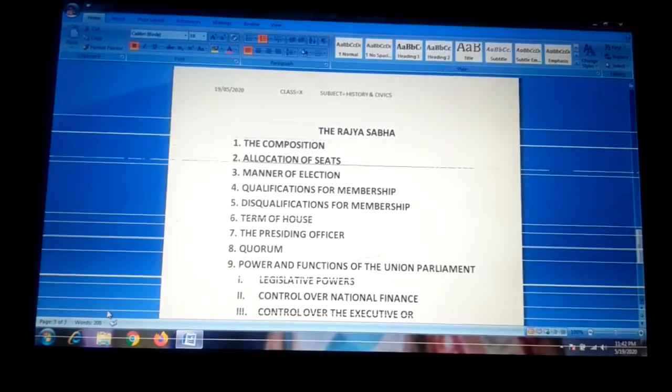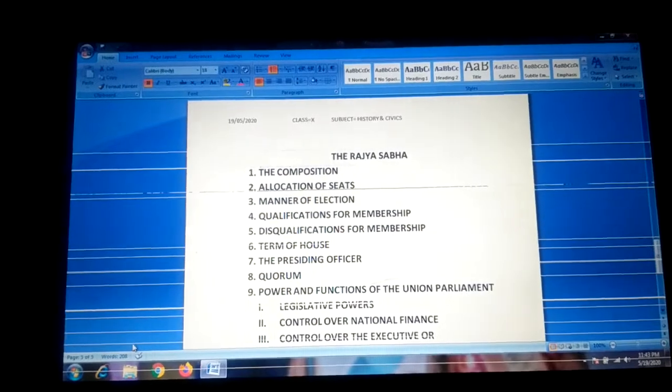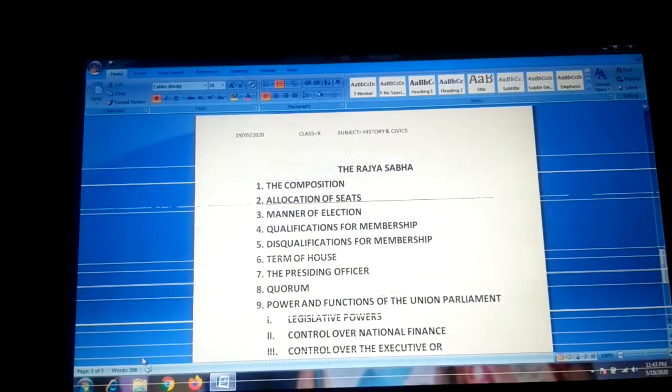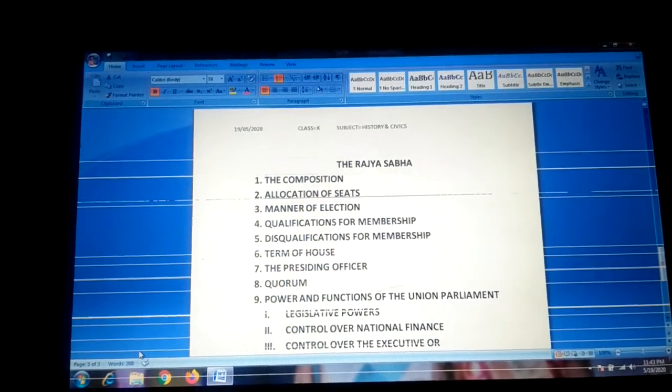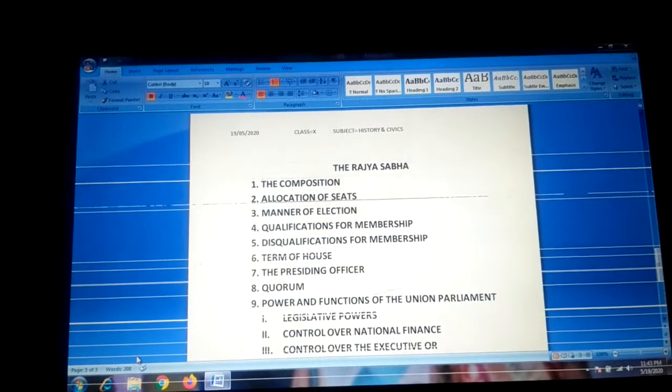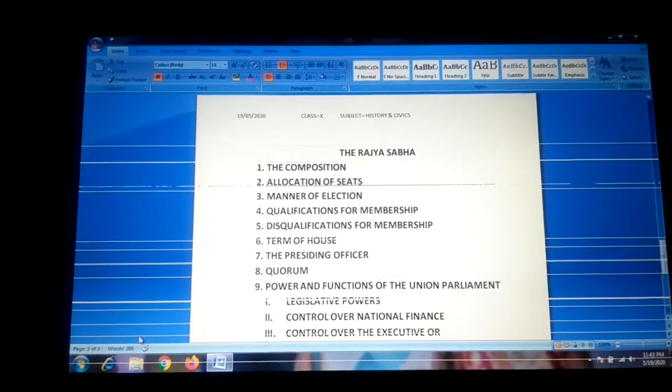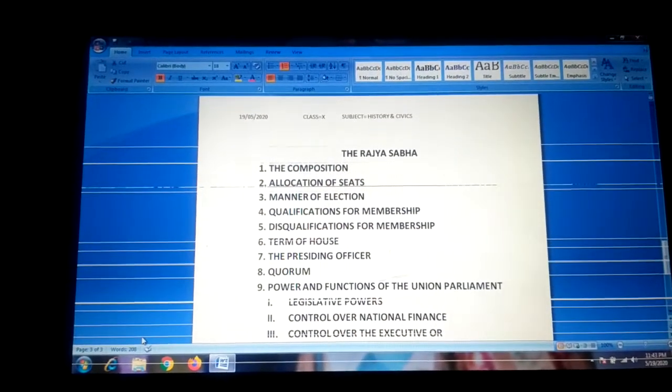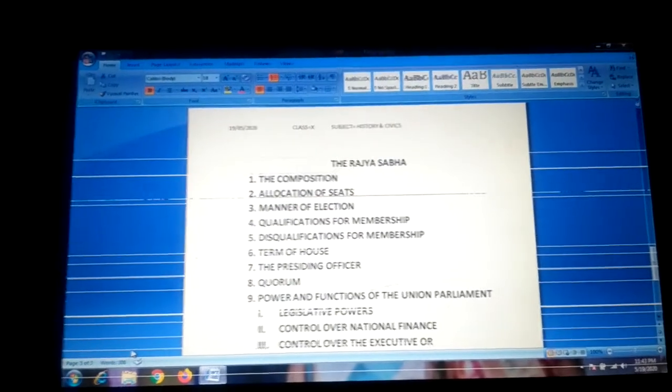Okay. Then salary, allowances, and MPs' local area development schemes: all these allowances of members of the Rajya Sabha are exactly the same as those of the members of the Lok Sabha.